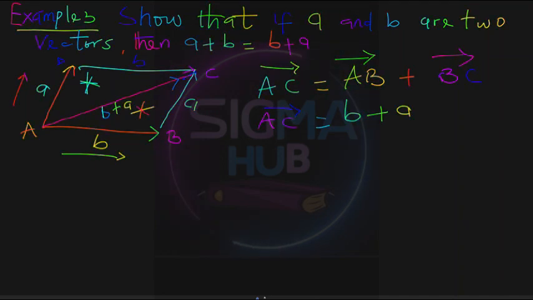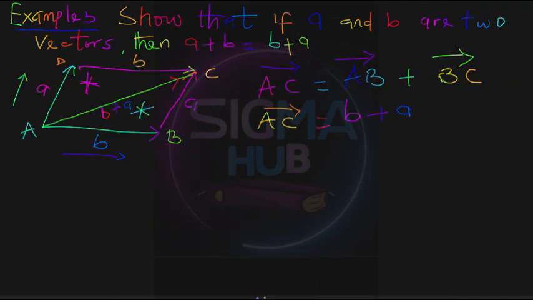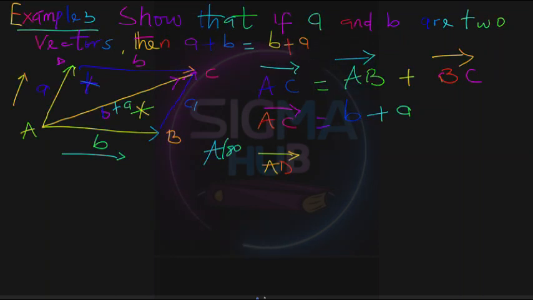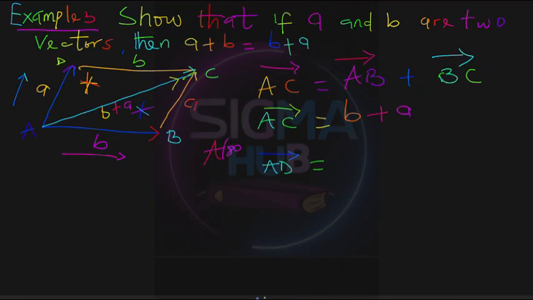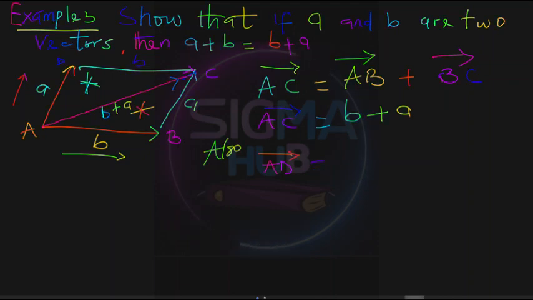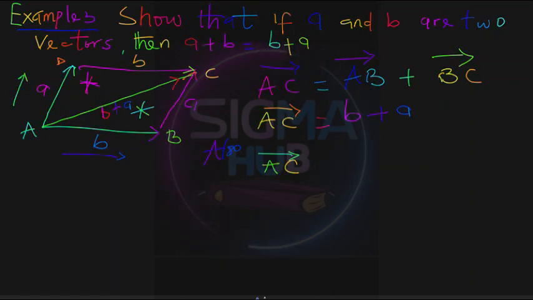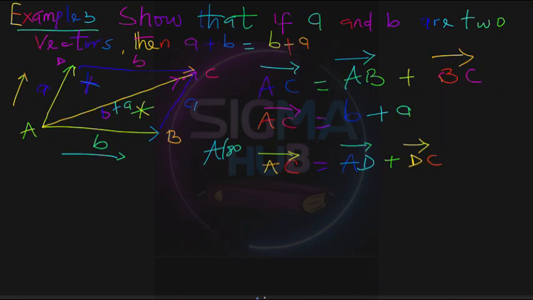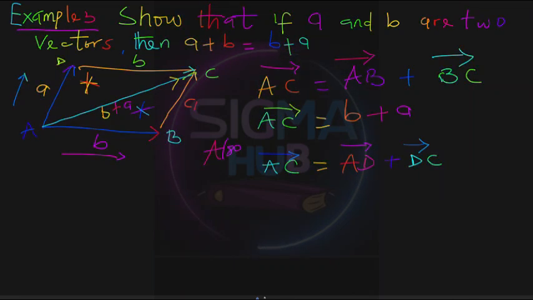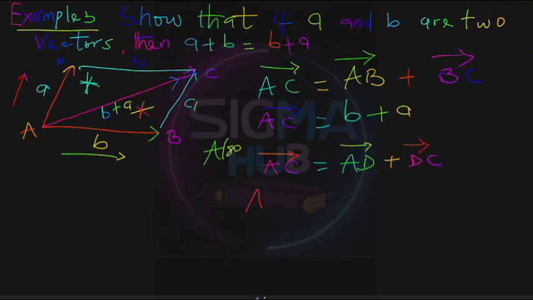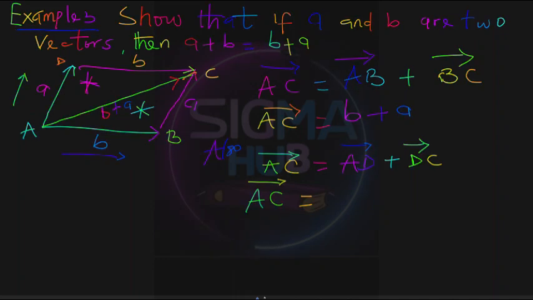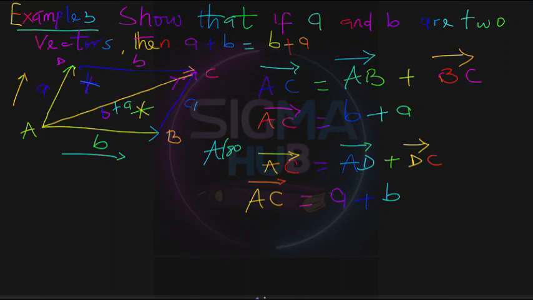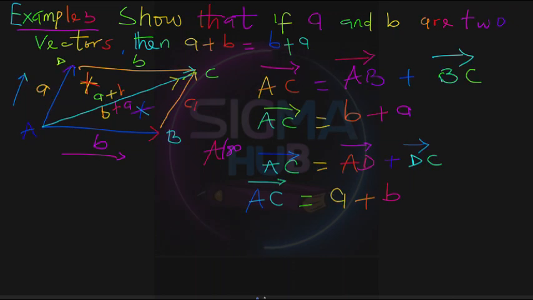We have A to C, which is also the same thing as moving from A to D, then D to C. And our AD is A, while DC is B. So therefore, AC is also the same thing as A plus B. So using the second triangle, I can write AC here as A plus B.